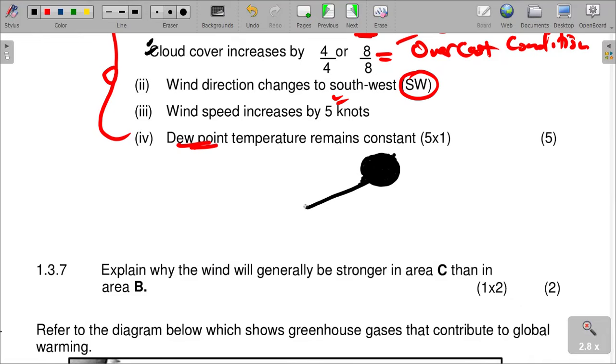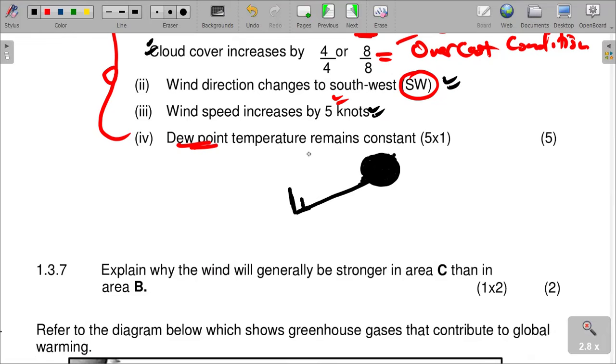Initially it was 10, and then it's given that it increased by 5 knots. So we have marked the wind direction, and then what else?